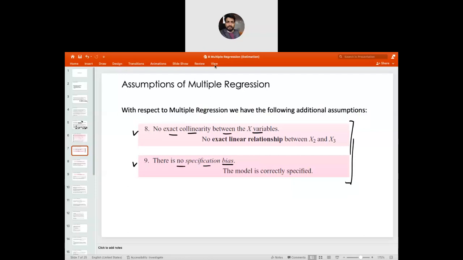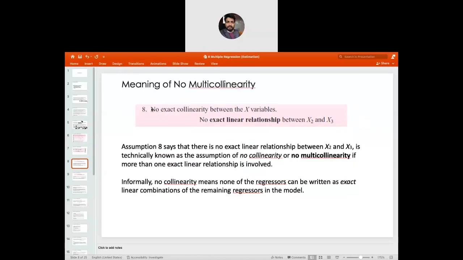Let us start with assumption number 8. It says no exact collinearity between x variables. What does this mean? It means that x2 and x3 are not exactly linearly related to each other.